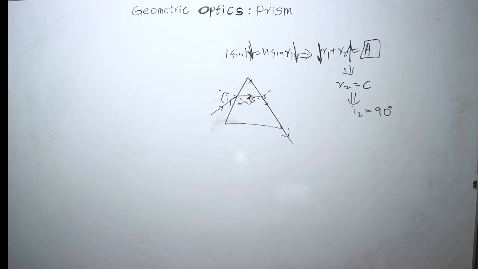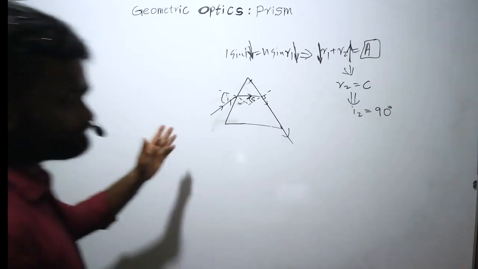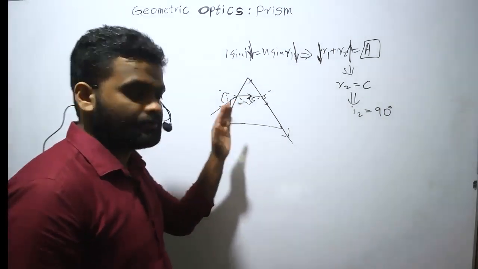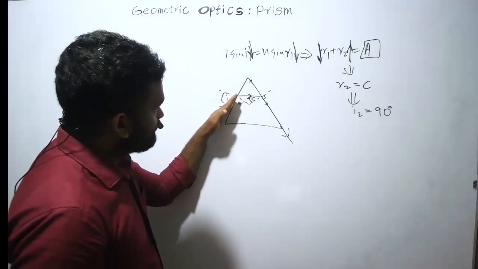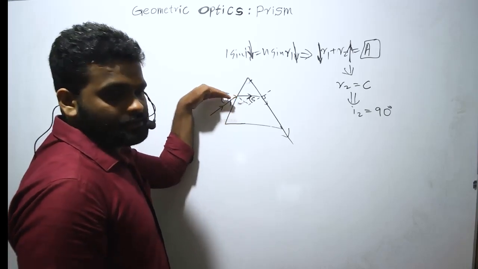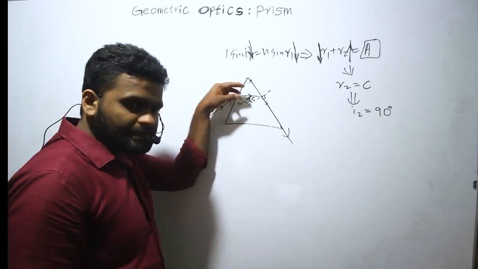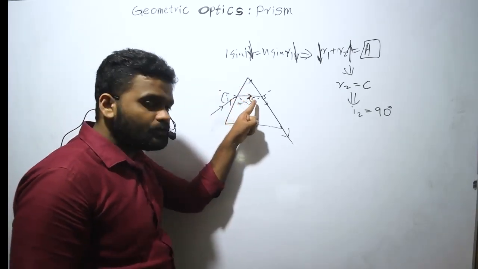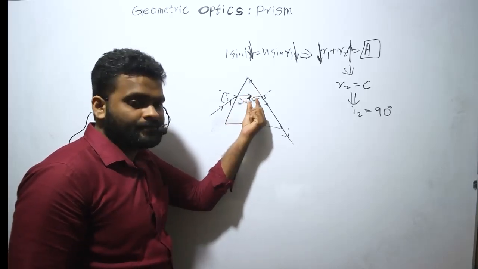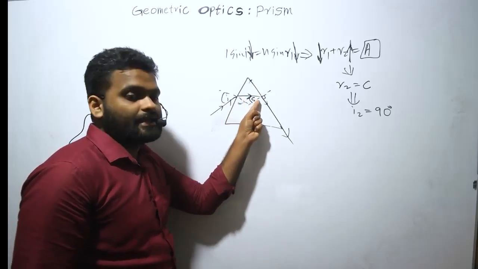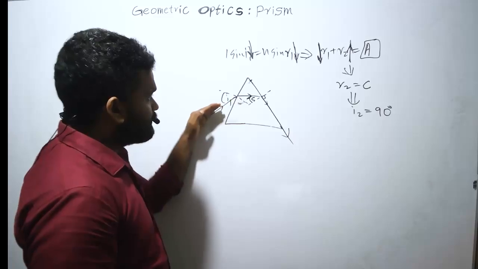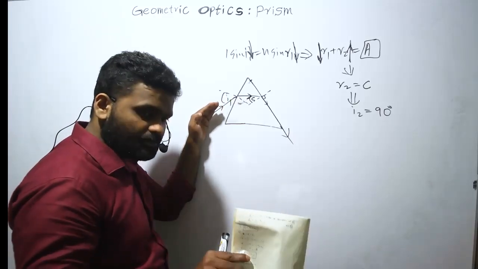Otherwise, it will be confusing, right? So here, what were we doing? We kept decreasing I1. So R1 keeps decreasing, and R2 increases up to C, the critical angle.